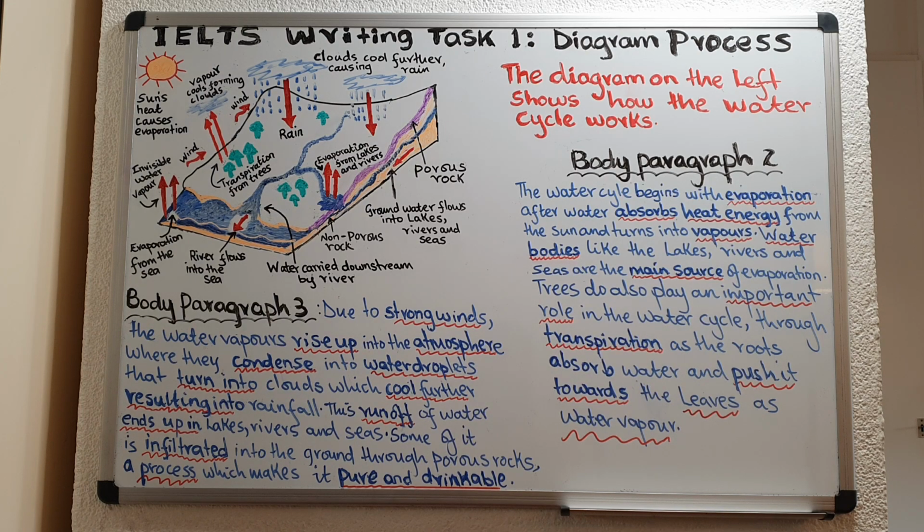So after that, we are going to elaborate further. We are going to explain where this water comes from. And as we saw, the water vapors are not just from the lakes, rivers, and the seas. They also come from trees. So let's first of all begin with the lakes, the rivers, and the seas. Water bodies like the lakes, rivers, and seas are the main source of evaporation.